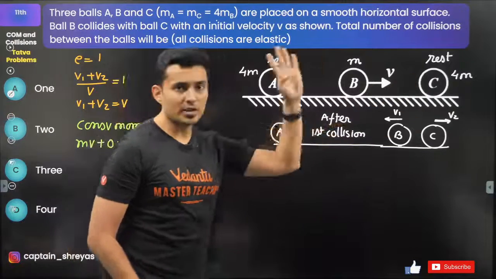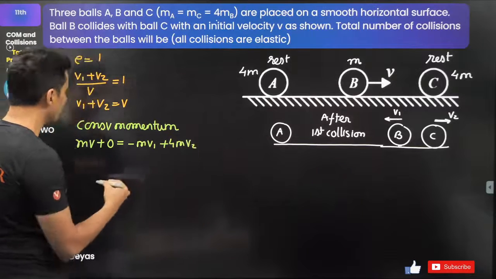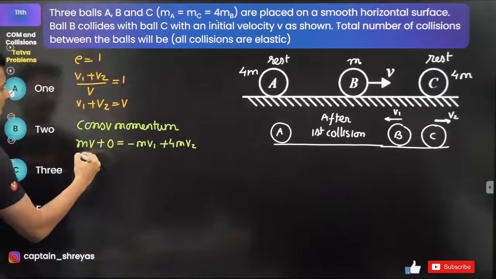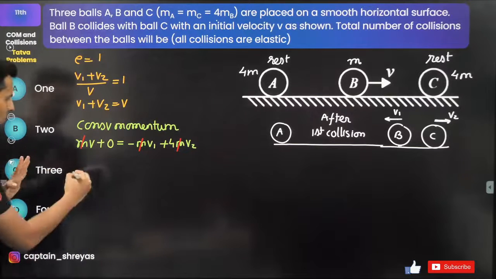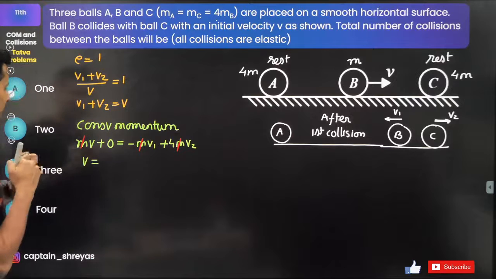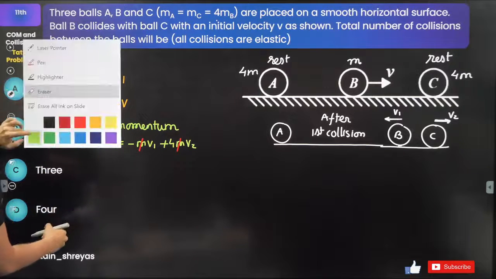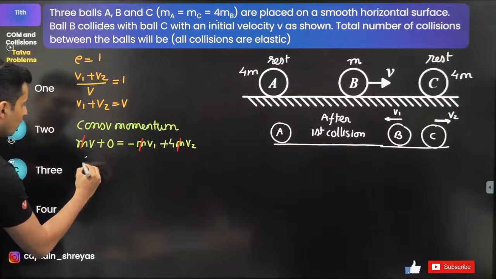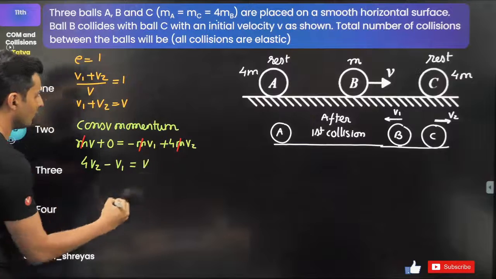C, of mass 4M, has a momentum that side, so 4M into V2. M cancels. So 4 times V2 minus V1 is equal to V.